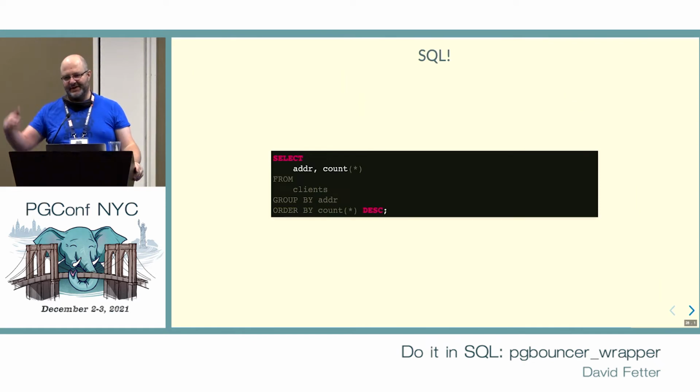So I want to see which clients are talking to pgbouncer and what's the top one, because that's the first place that I look for where something has gone wrong. Obviously, if I knew more stuff, I might write a different query, but I can do this off the top of my head without consulting any references.